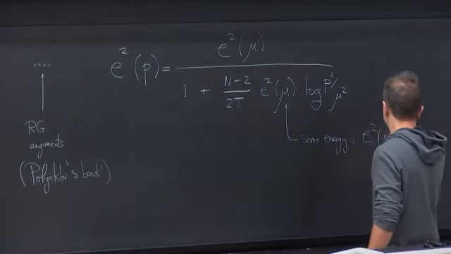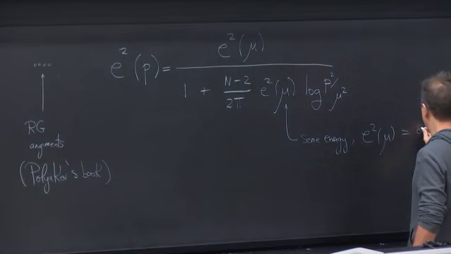And so e square of mu is equal to 1 experiment.